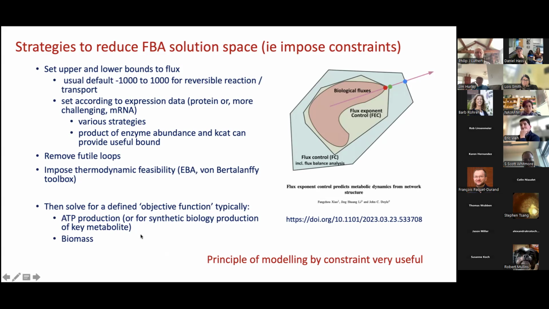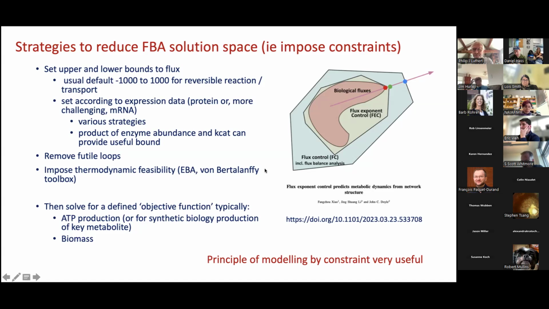But the final element in this is to solve for an objective function, which basically means that you maximize or minimize one of the reactions in the network. That can be something as complicated as biomass, if you create a reaction in your stoichiometric matrix for biomass. Typically or often it's ATP production, because that's something of interest.